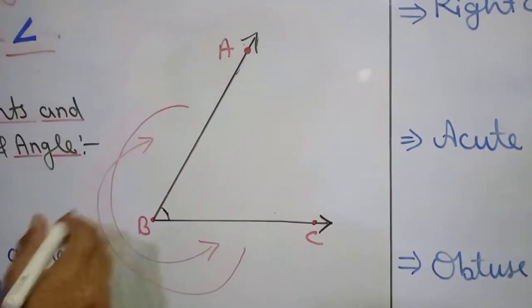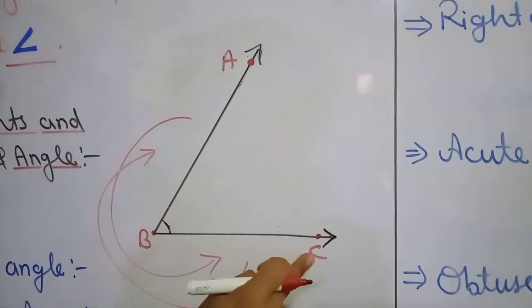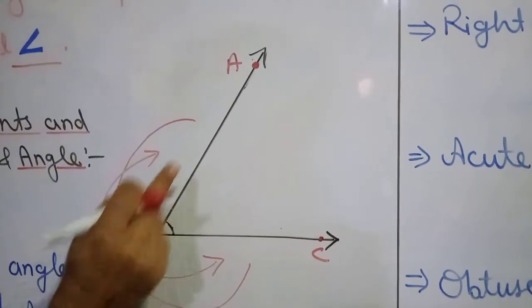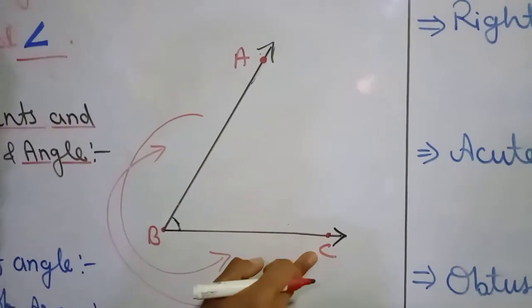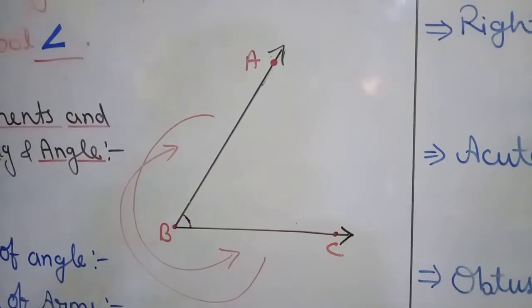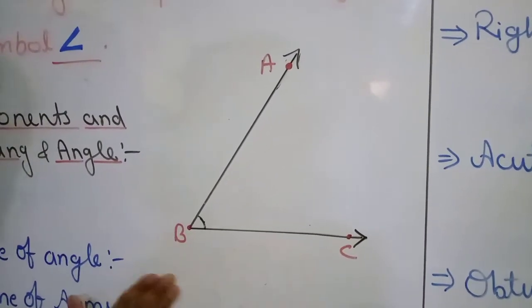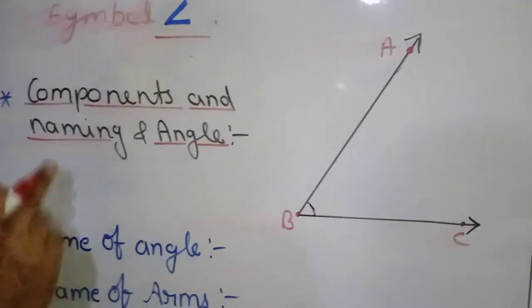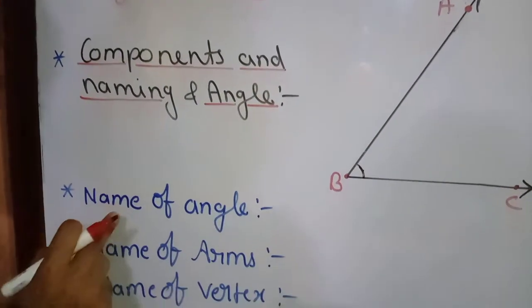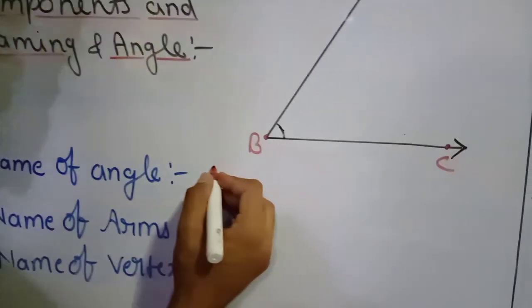So let's read it. Angle A, B, C. We can give the name of this angle as A, B, C or angle C, B, A. This way we can use both ways to write the name of an angle. So the first component is the naming of the angle.